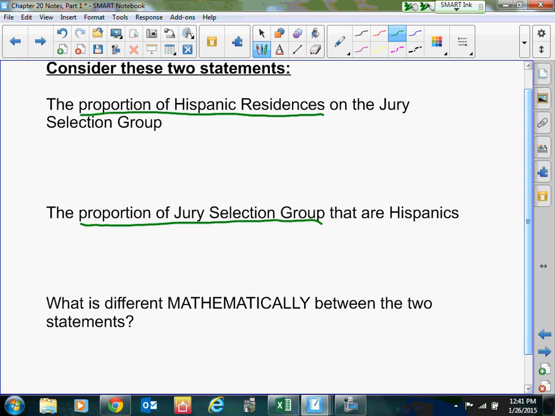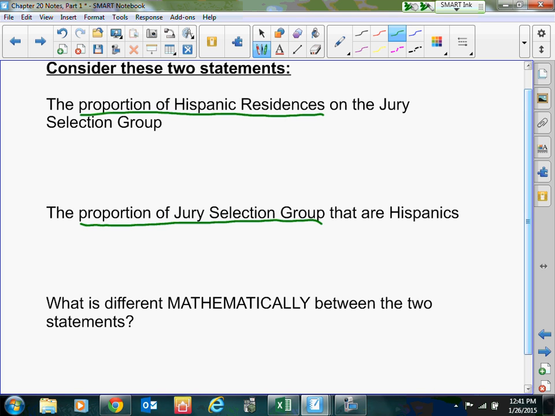Those two sentences mean two different things. You don't have this, but we're just looking up here. What's the difference mathematically between them? Yes, the bottom thing, which is the denominator. Good. The top one, the proportion of the Hispanic residences that are on the jury. What's the denominator?